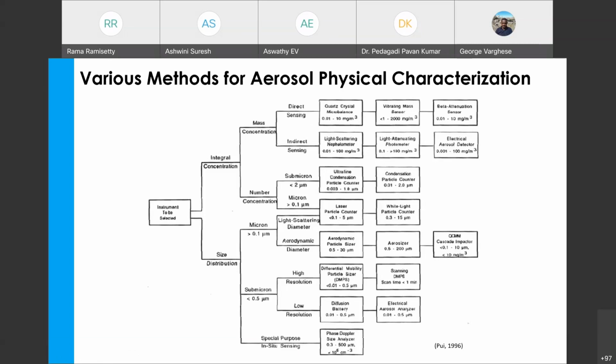That is one way, but that is an indirect method. Also, for number concentrations, we have different techniques for different sizes, because size is important here to do the counting. Also for the size distributions, we have various types of methods, which are direct methods and indirect methods. I will explain most of these techniques one by one.